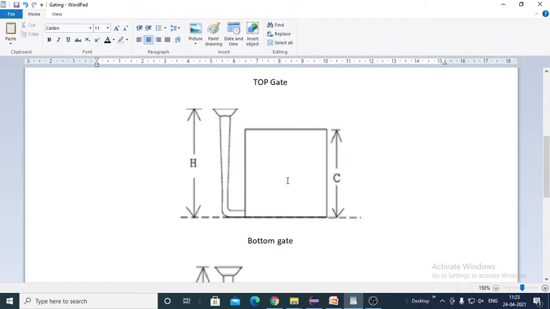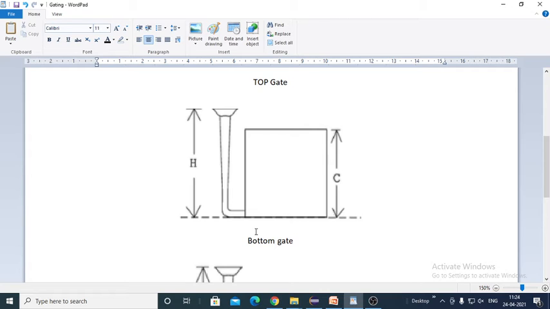By using a bottom gate, what happens is it produces a good casting surface. And as I said, the turbulence is avoided, but only to some extent, because some small turbulence is always there. So this bottom gate produces good casting surfaces.